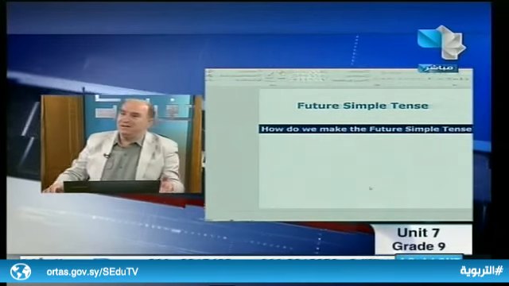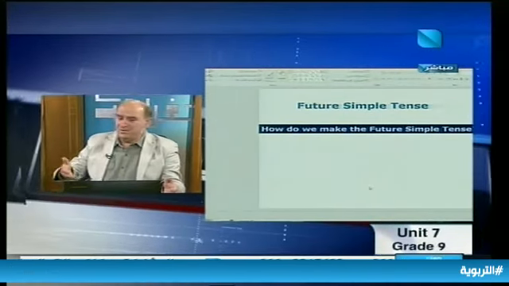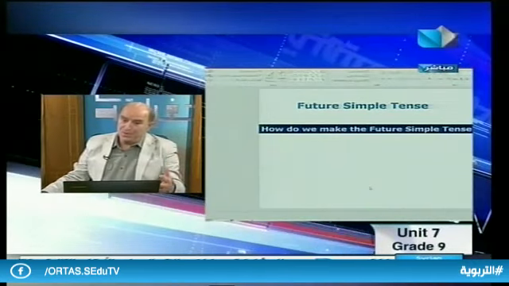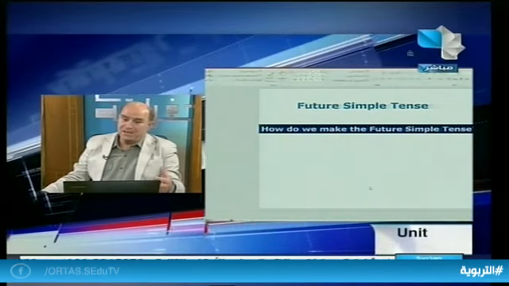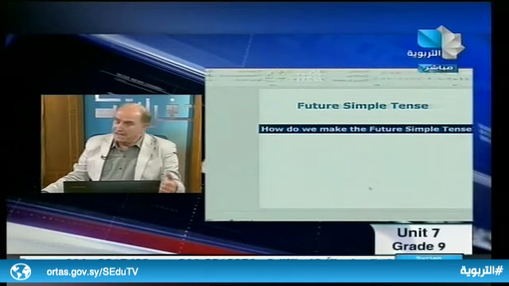This is everything about linking words that are found in our book in grade 9. Now, after that, we come to something very important indeed, which is future tense.